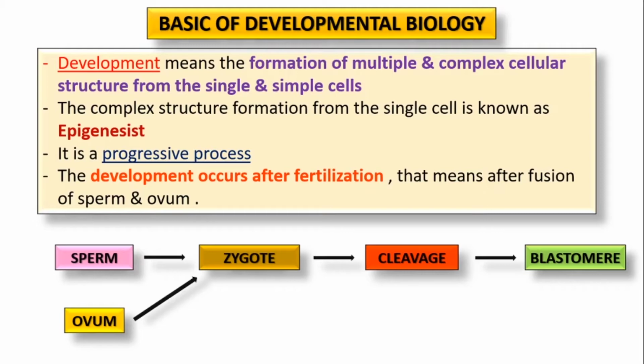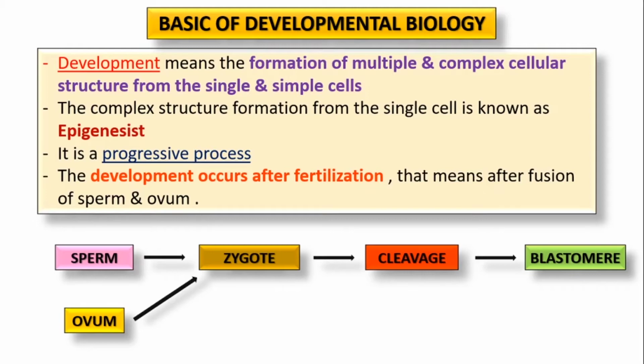Development is a complex phenomenon which is the formation of a complex cellular structure from a single and simple cell. It starts from a simple cell and ends in a multicellular structure. As the developmental procedure starts from a single cell and ends up in a complex cellular structure, it is known as epigenesis, and it is a progressive procedure.